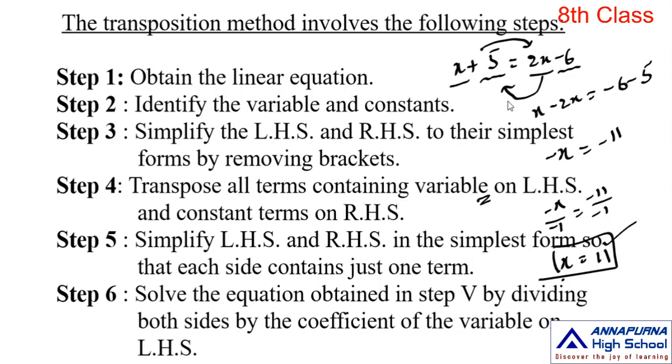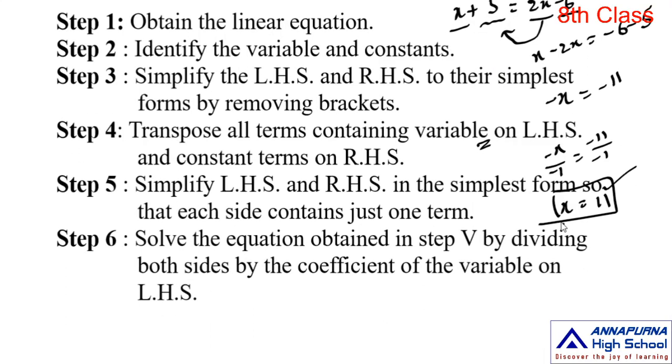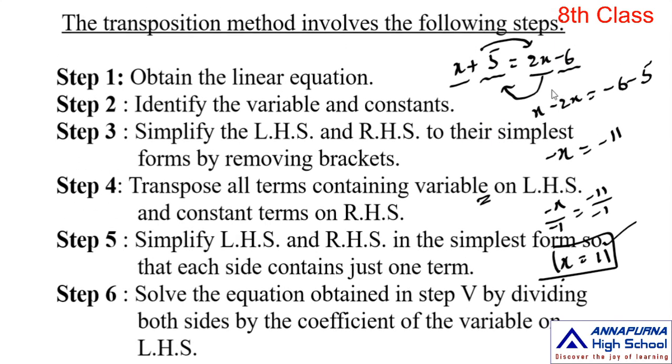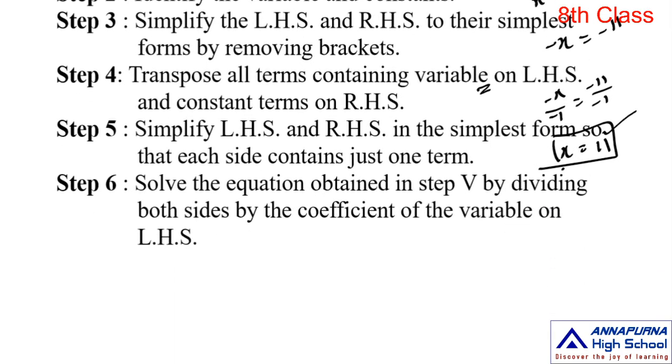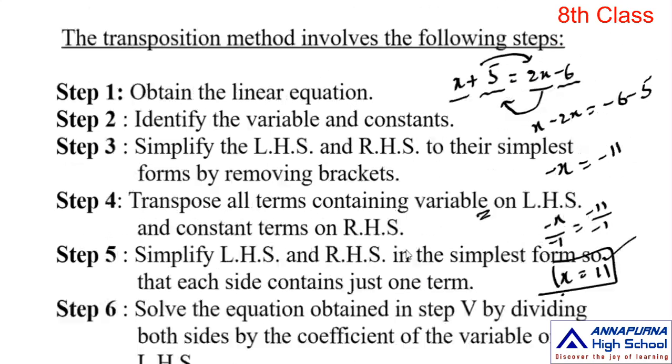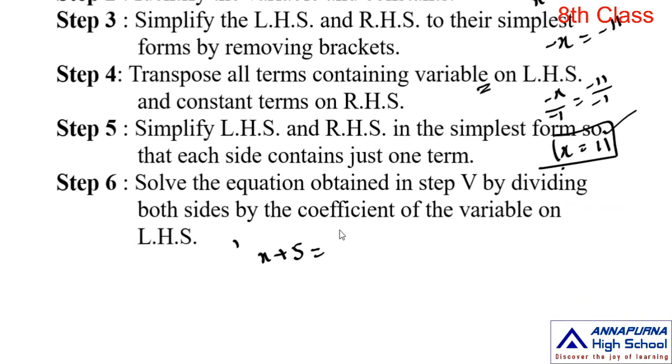This is the solution of this equation. In case you have any doubt, substitute this x value on both sides of the given equation. Here the equation is x plus 5 is equal to 2x minus 6. Take the LHS part, x plus 5, and substitute x equals 11: 11 plus 5 is equal to 16.